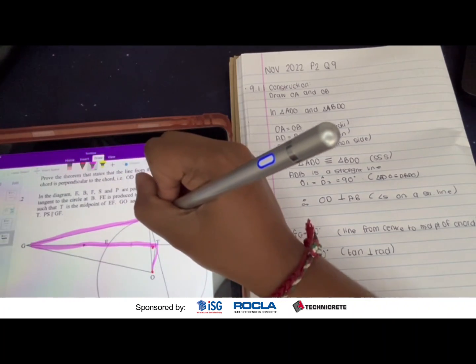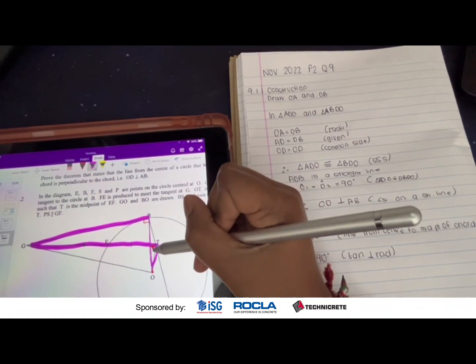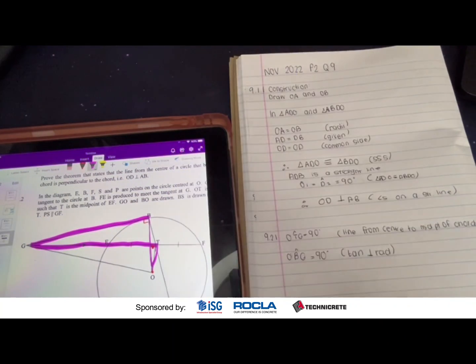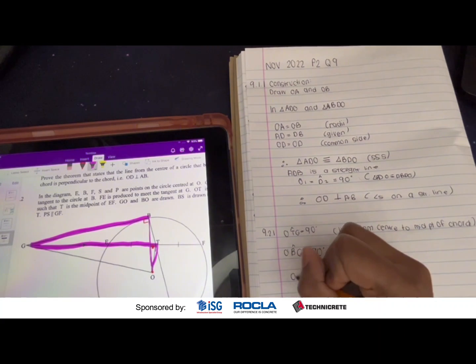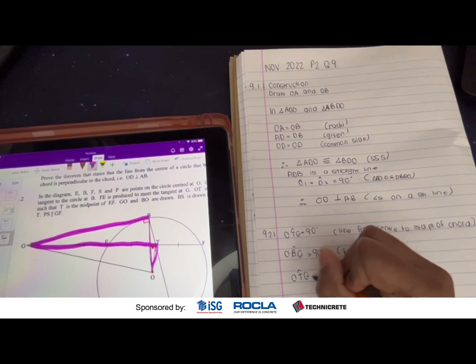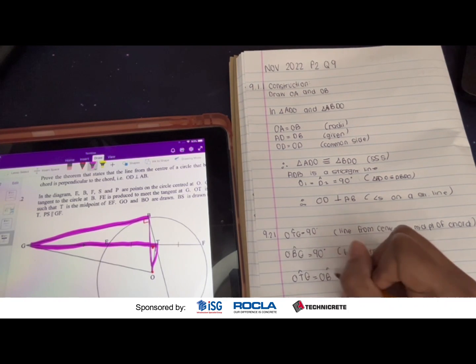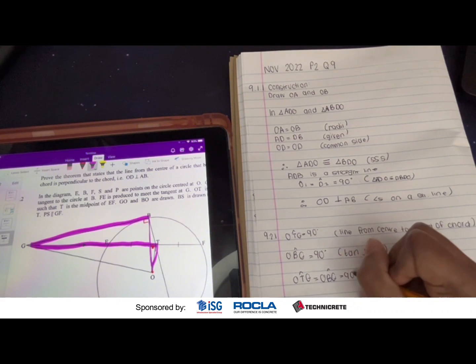So if we're looking at this side here, you can see at the bottom. So they are in the same segment. Therefore, we can say OTJ is equal to OBJ, which is equal to 90 degrees.